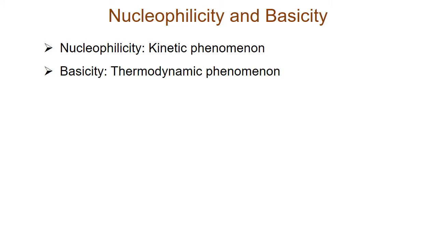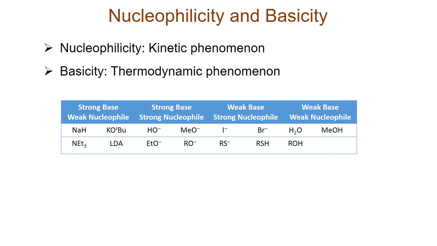Basicity, on the other hand, is a thermodynamic phenomenon, and it depends on the situation at equilibrium. The following chart categorizes some of the commonly observed reagents as either strong nucleophiles or strong bases, or weak nucleophiles and weak bases.